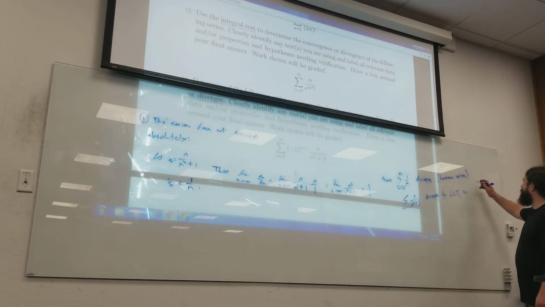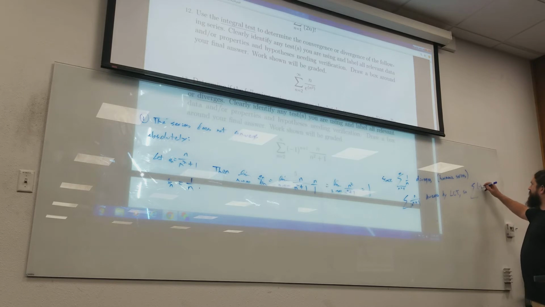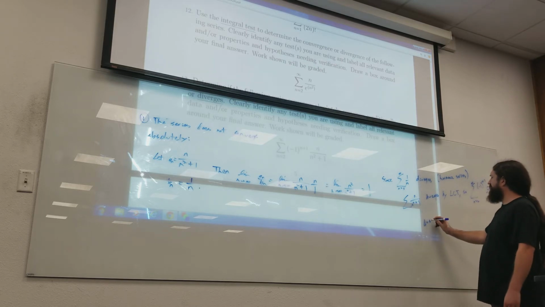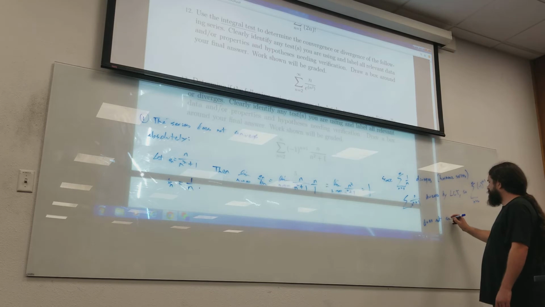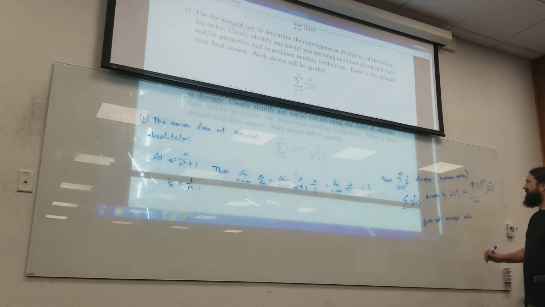And so that means the series in the question, negative 1 to the n plus 1, n over n squared plus 1, does not converge absolutely. Okay, so that's the first half of it.